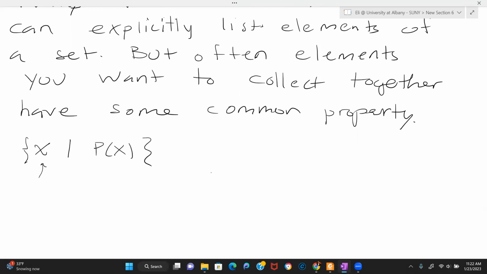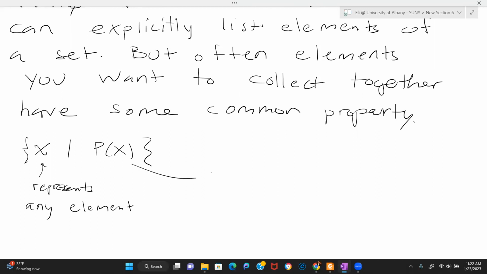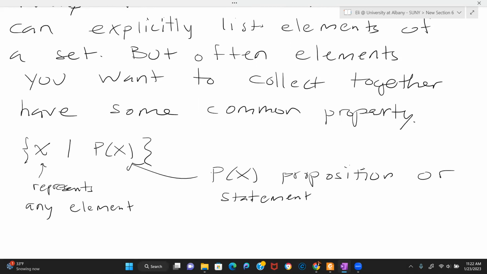So this x just represents any element in the set. And then this P of x is going to be a proposition or statement about x.